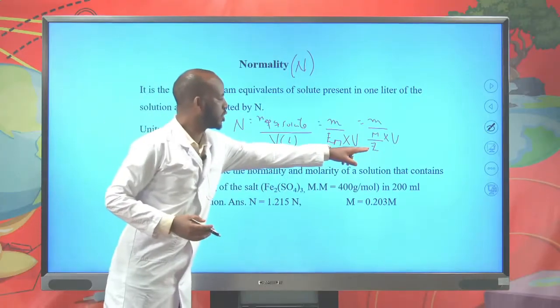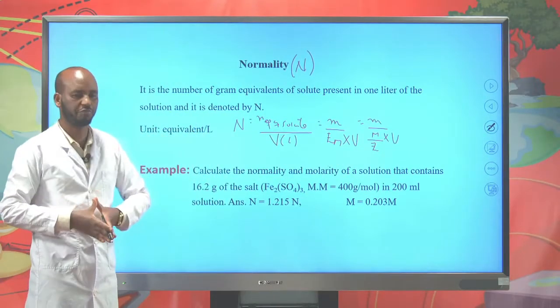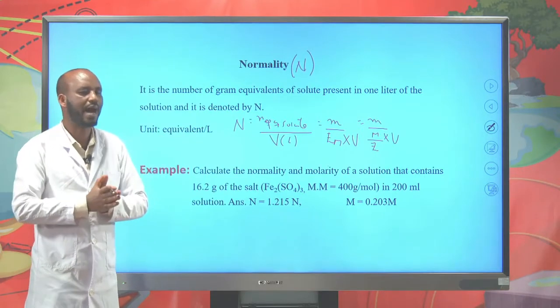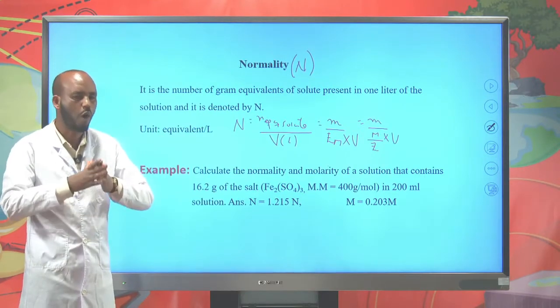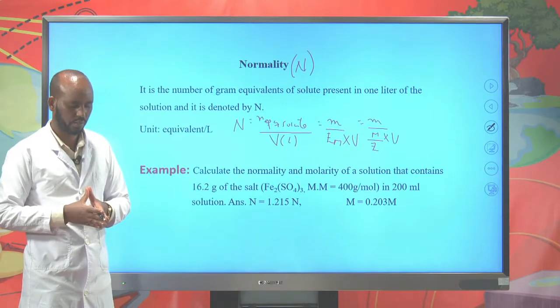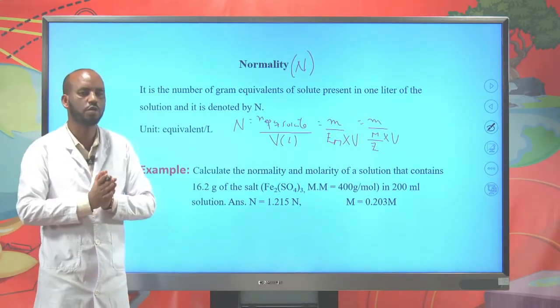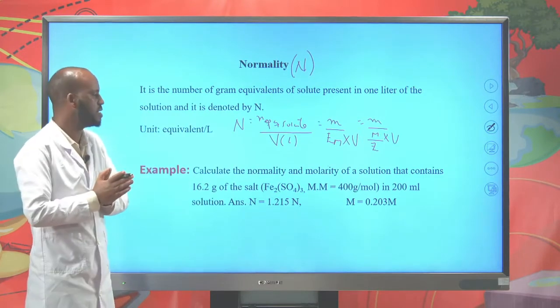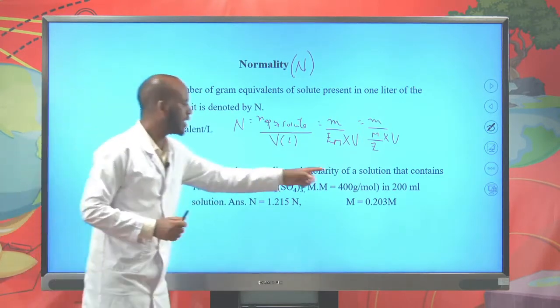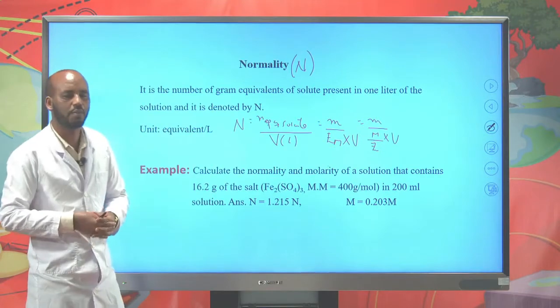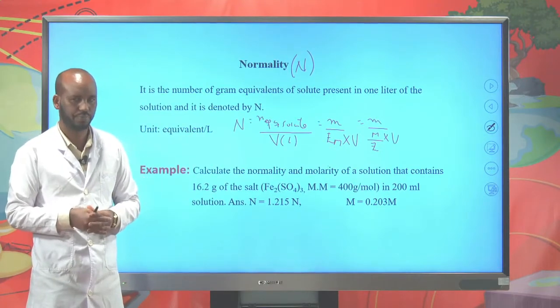Here Z for an acid is the number of hydrogen ions released by one formula unit of the acid. For a base, Z is the number of OH minus furnished by the given base. For a salt, Z is the total positive valency.